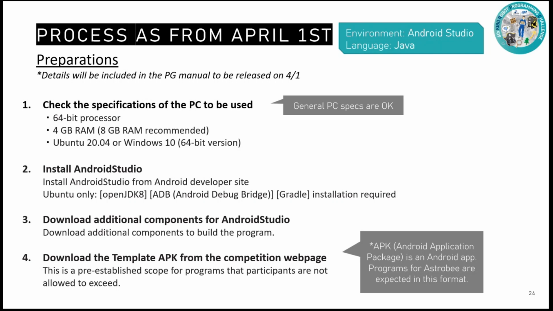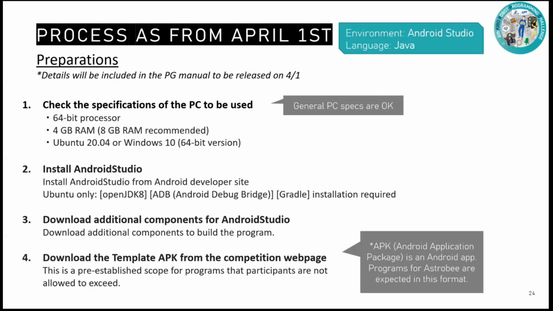It's a software called Android Studio. And next, you have to download additional components and the template APK, which can be found in the Downloads tab on the KiboRPC website. To explain what the template APK is: it is a program area of Astrobee that cannot be created by the participants. It's the fundamental programming that will be on Astrobee.